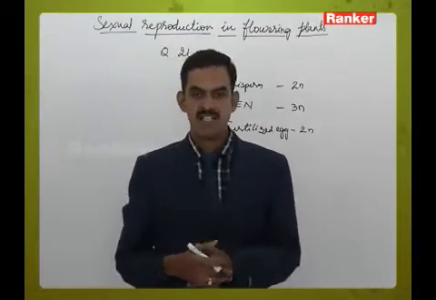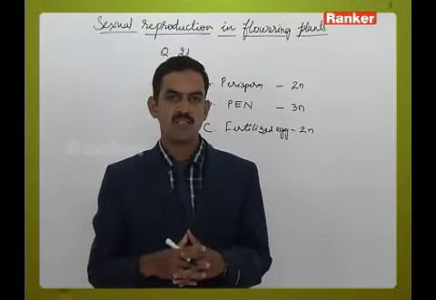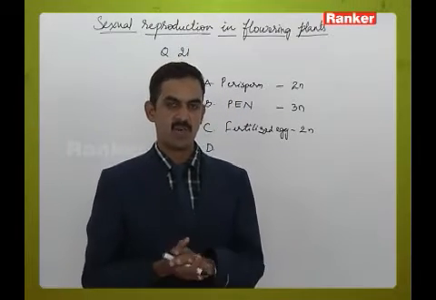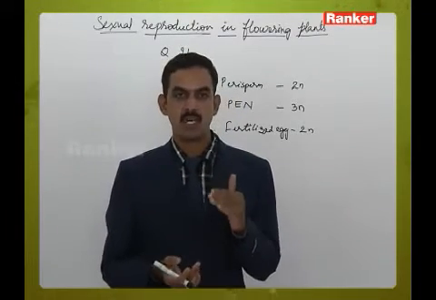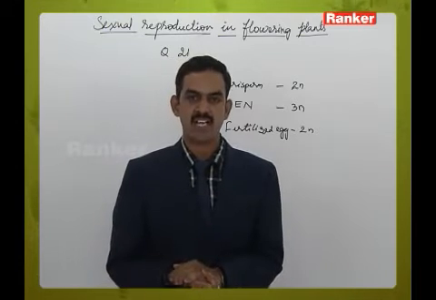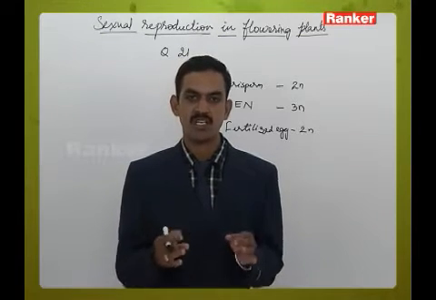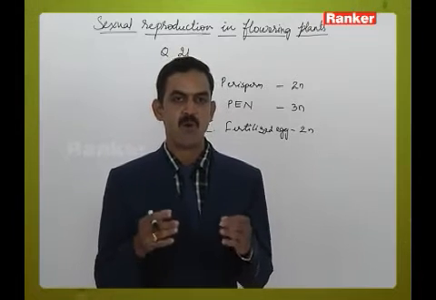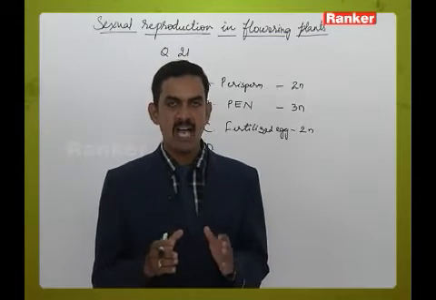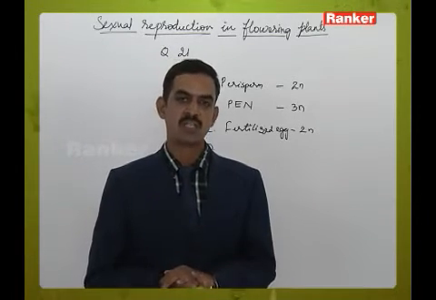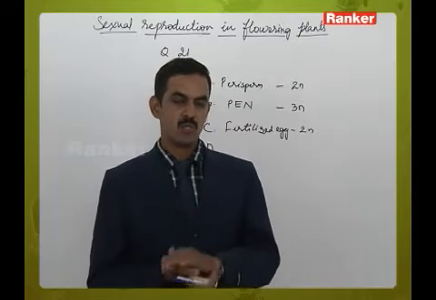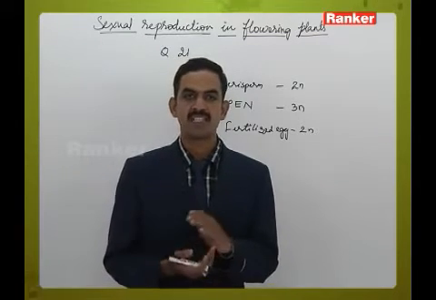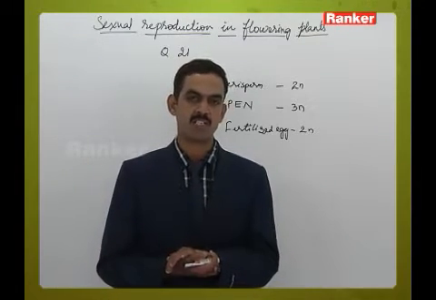Next, antipodal. Antipodal is a group of three cells present towards the chalazal end of the embryo sac, which are structurally similar to each other, and these antipodals are considered the smallest cells of the embryo sac and vegetative cells of the embryo sac. They are called vegetative cells because they do not participate in fertilization at all.